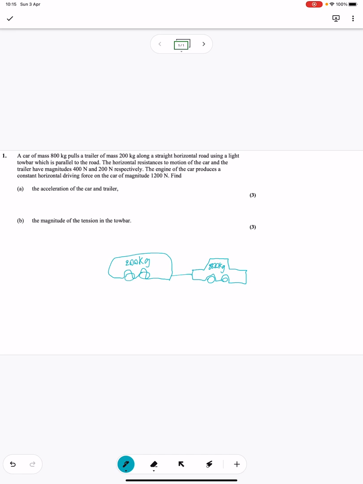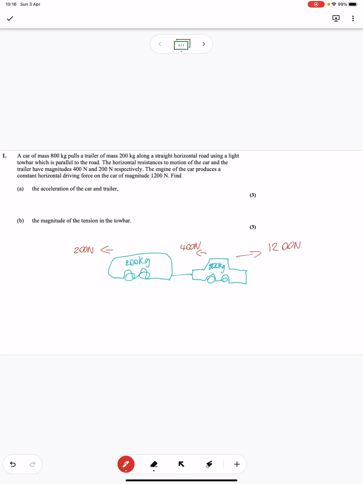And then the horizontal resistances of the car and the trailer. So car comes first and 400 comes first. So the car's resistance is 400 newtons. The trailer's resistance is 200 newtons. And then you've got the tow bar where there's a tension, and you've got the driving force on the car. Okay, so the driving force causing the car to go forwards is 1200 newtons.